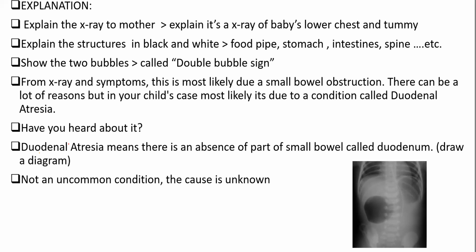So you're asking how was the birth? Was there any complication? Is he a term baby? Just ask the mother, did you have Down syndrome screening? Because most of the time duodenal atresia is common in Down syndrome babies. Apart from that, everything is the same.